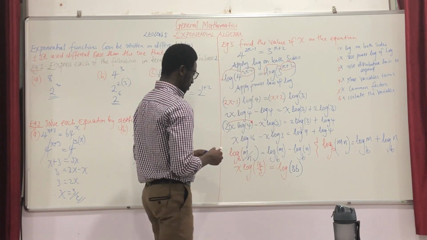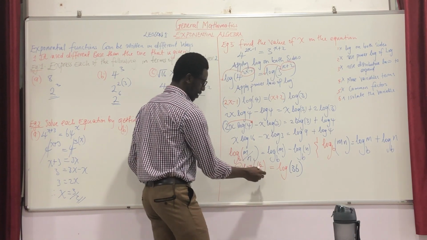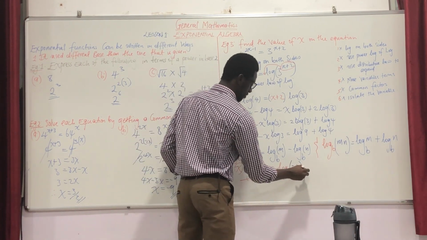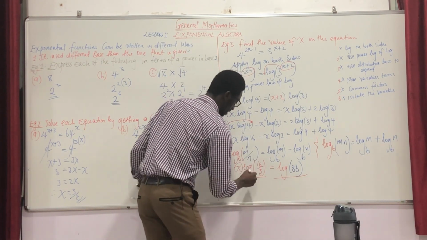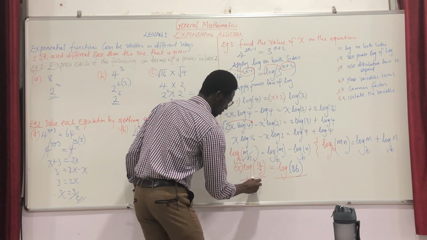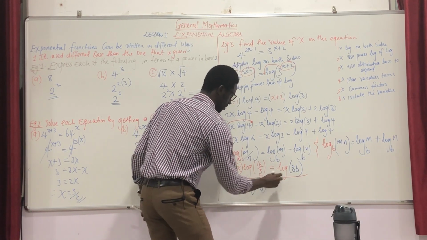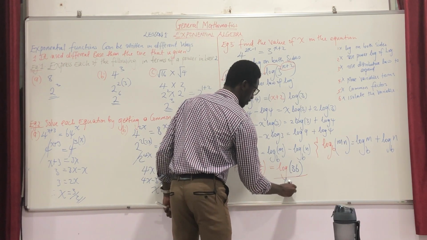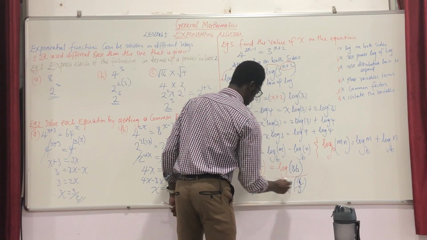So now, we want to find x. So we divide both sides by log 16 over 3.